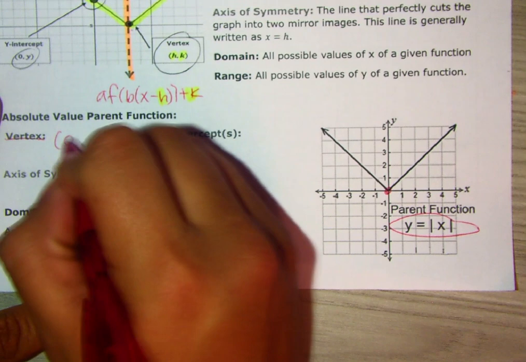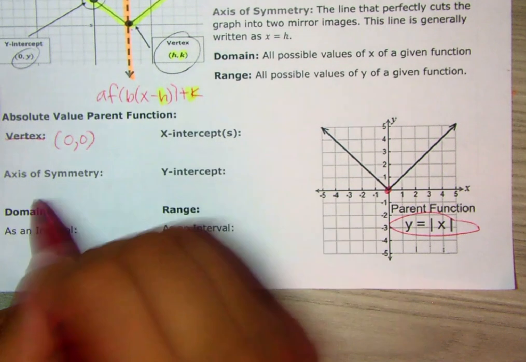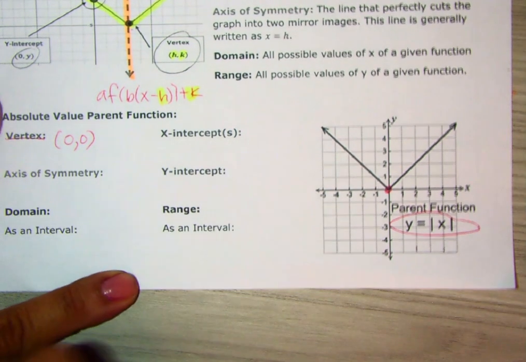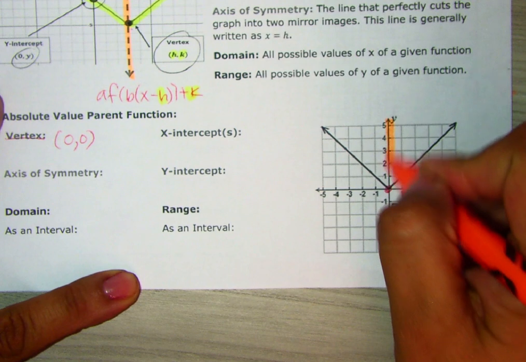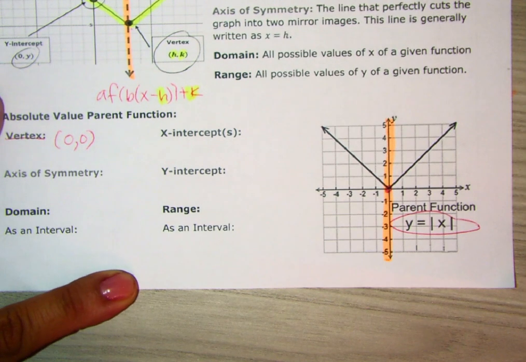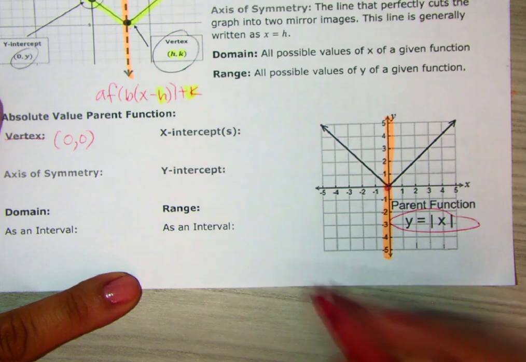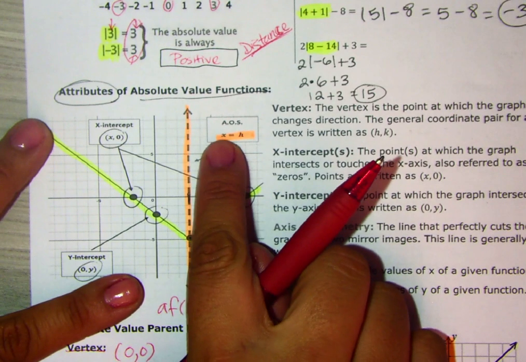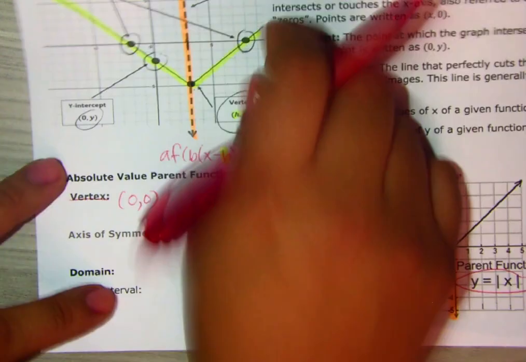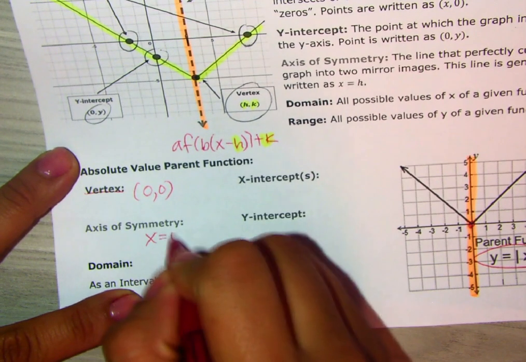So that will be your vertex. For the axis of symmetry, it is a vertical line that passes through the vertex. In this case, it is on the y-axis, but we're not going to say just 0. We're going to have to say the equation of the line, which is x equals the number. So it's x equals 0.